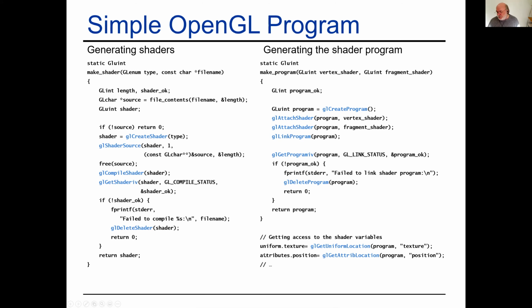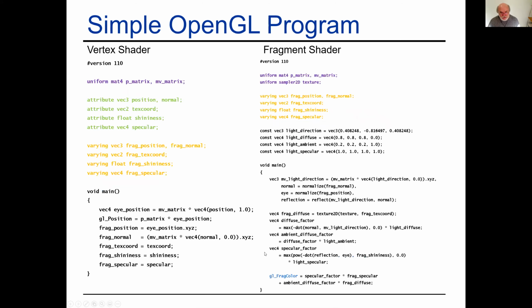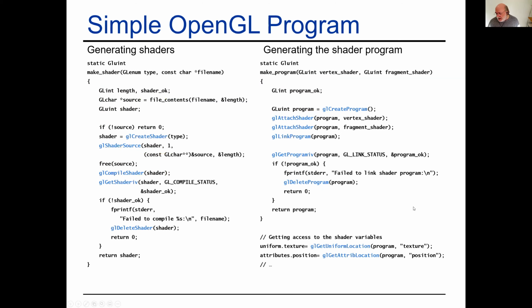Also, of course, we need to find out where these shader variables are, how can we access them from our application? So we ask OpenGL, what is the uniform location, given the program that we've just created here. This is not full source code here, just something somewhere in your program.